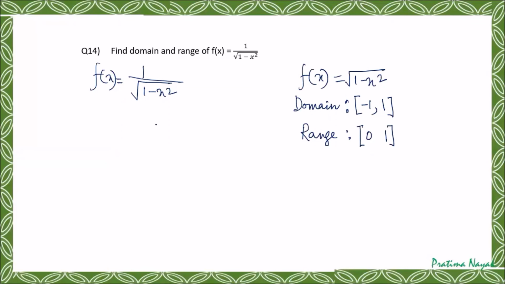So here 1 cannot be the answer, -1 cannot be the answer, because at that time the denominator will become 0. So we'll write the domain as -1 to 1, but here -1 and 1 will not be included. So this is the difference.